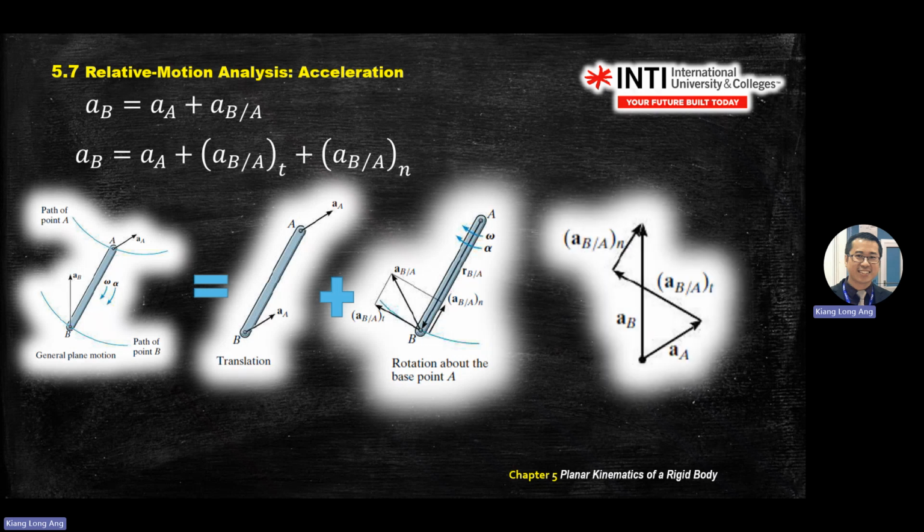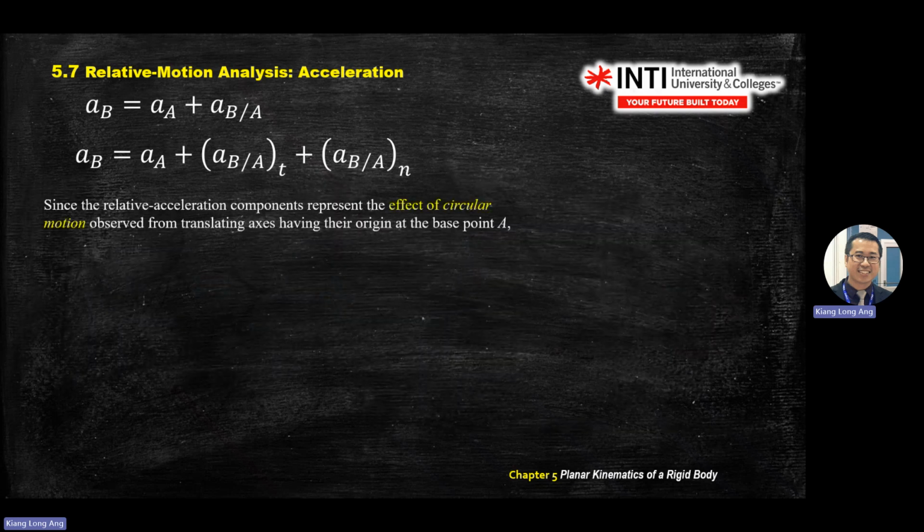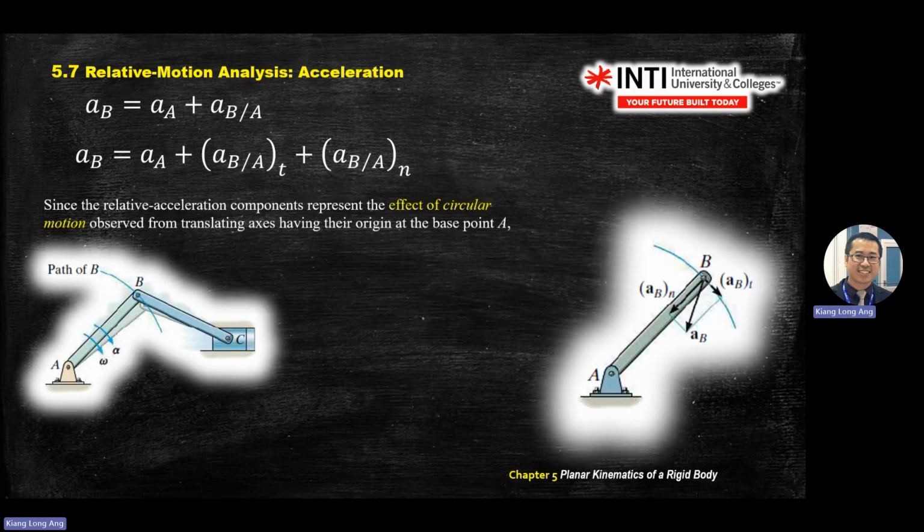Then you draw the diagram here. Now this one, there's a negative sign there. Why is there a negative?